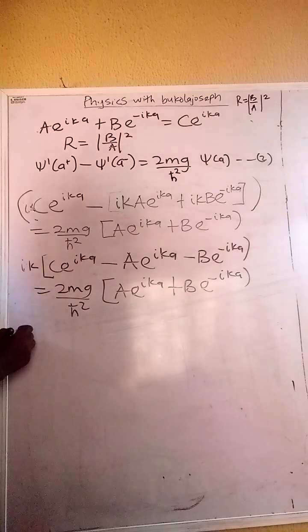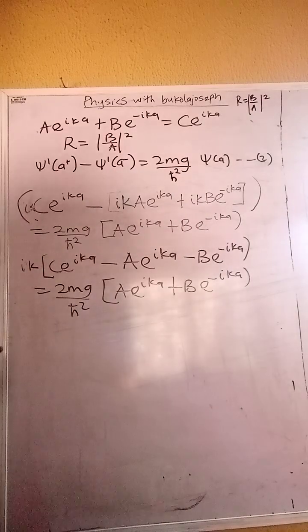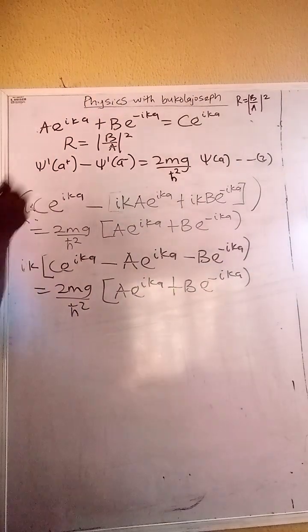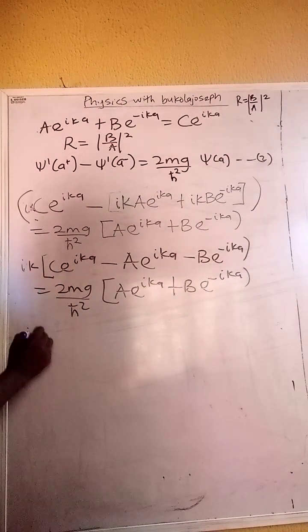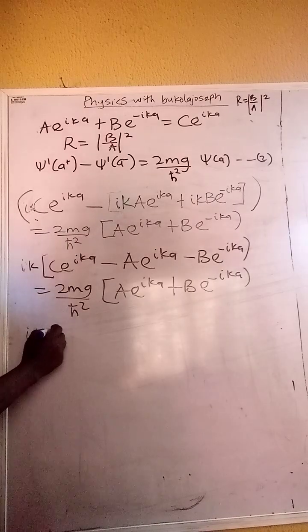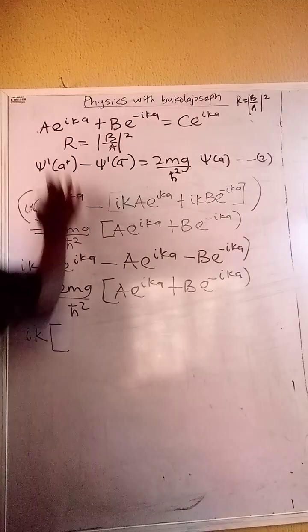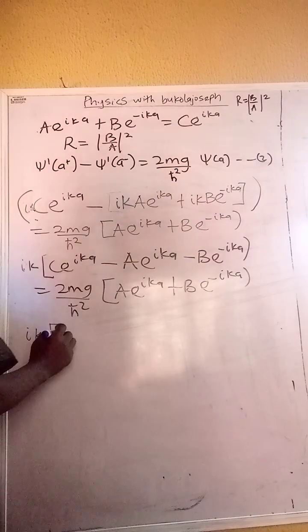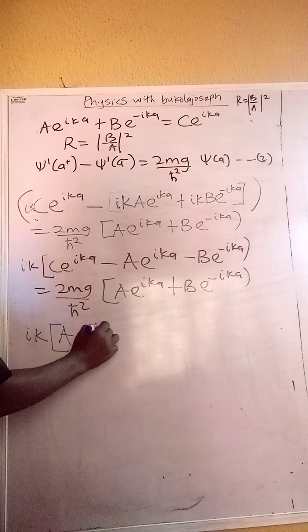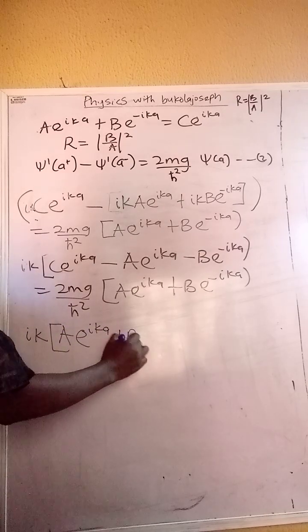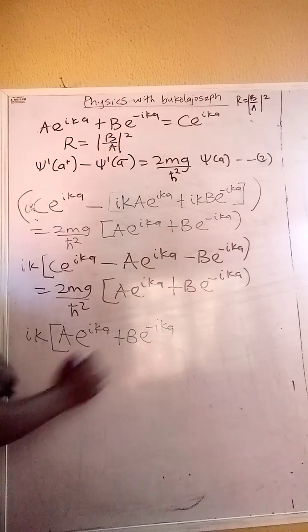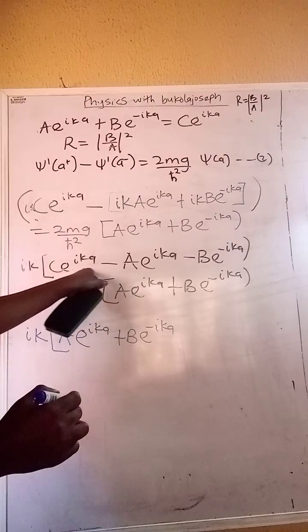So if we do this, we have ik into what? We are removing this and replacing it with this. So we have A exponential ika plus B exponential minus ika. We have substituted this, right?